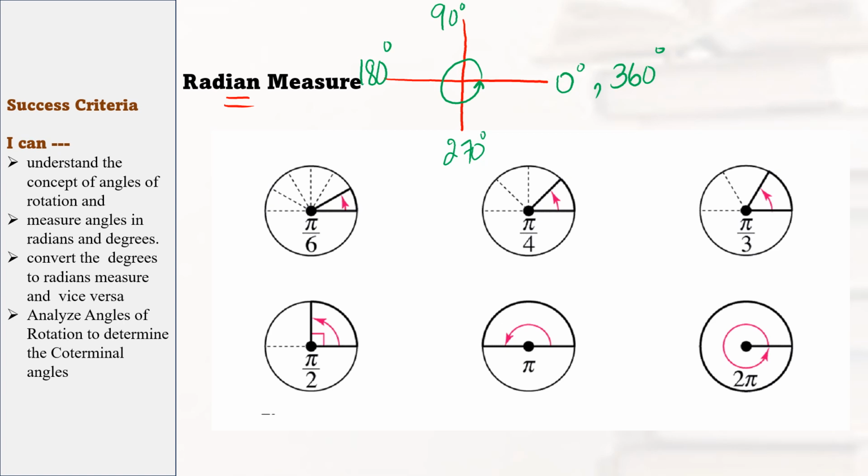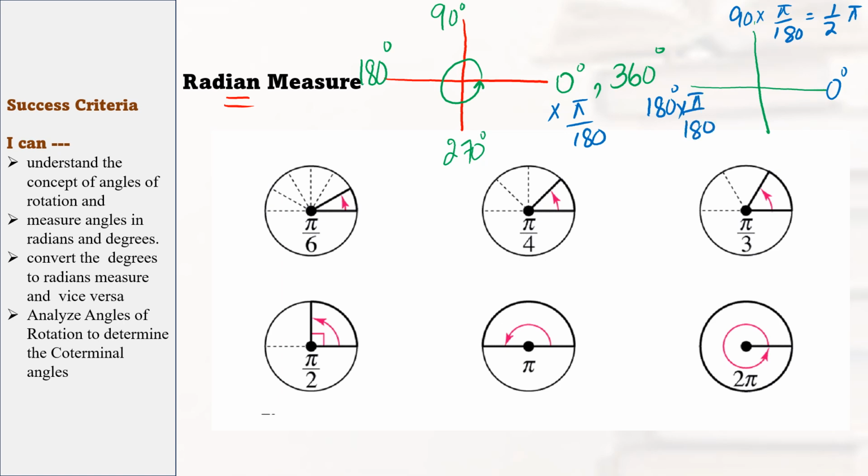Now if I want to change all of them into radian measure, I have to multiply by pi over 180. So 0 times pi over 180 gives me again 0. 90 times pi over 180, I will get pi over 2 radians. If I have 180 degrees, multiplied by pi over 180, I will get only pi.